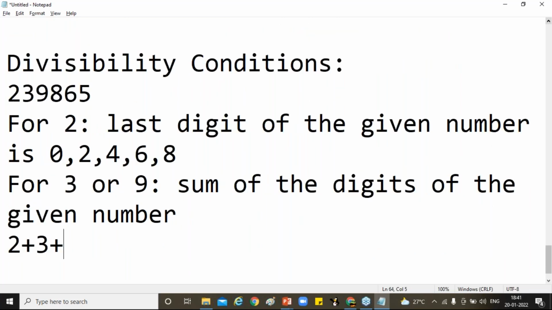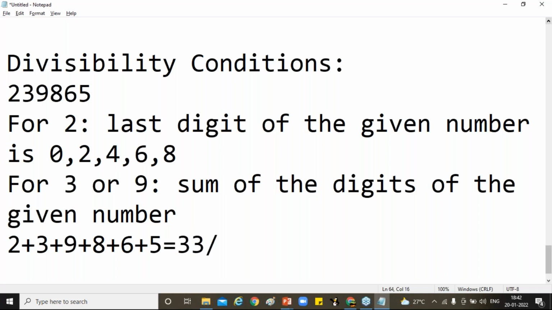2 plus 3 plus 9, those are the digits in the given number. What is the number? 239865. So 2 plus 3 plus 9 plus 8 plus 6 plus 5. 2 plus 3 is 5, 5 plus 9 is 14, 14 plus 8 is 22, 22 plus 6 is 28, 28 plus 5 is 33.